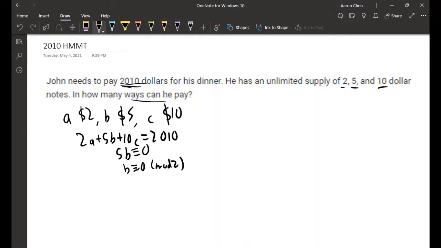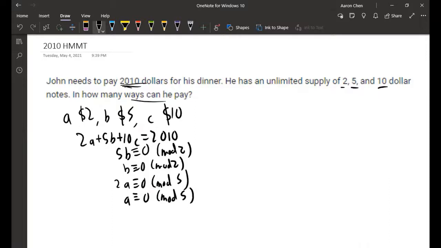Also, if you look at this mod 5, you get that 2A is congruent to 0 mod 5, which basically means A is congruent to 0 mod 5.